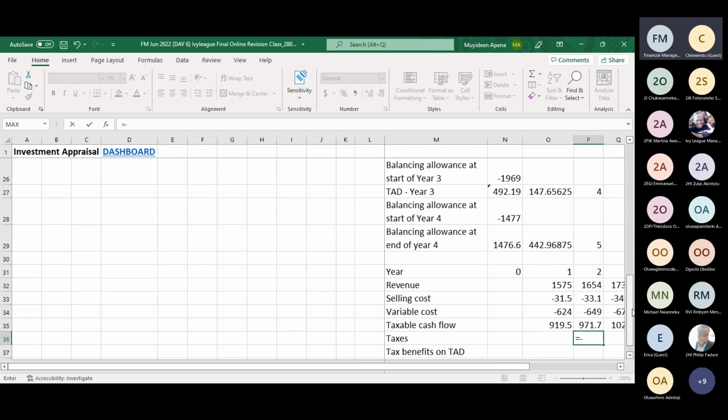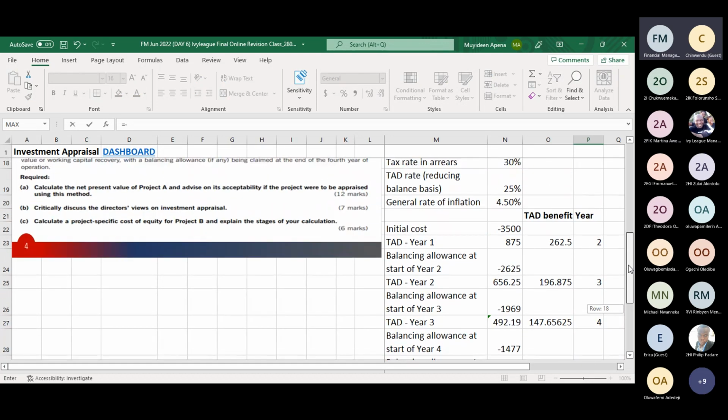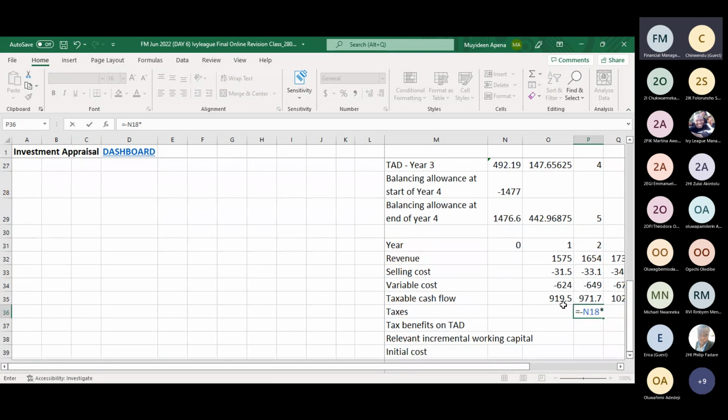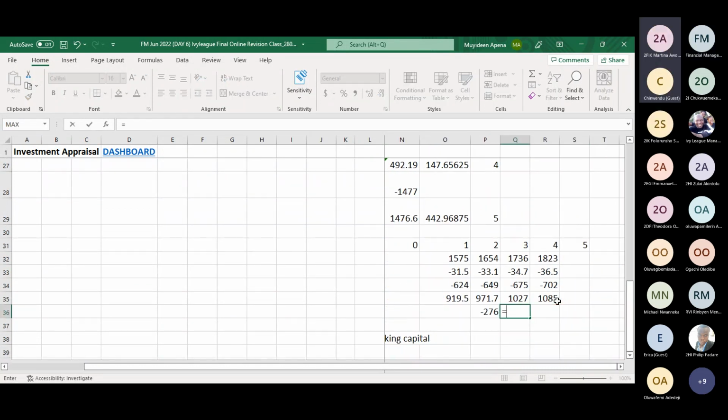Taxes at 30%. 30% of 919.5. Year 2, we made this, so we multiply that by 30%.